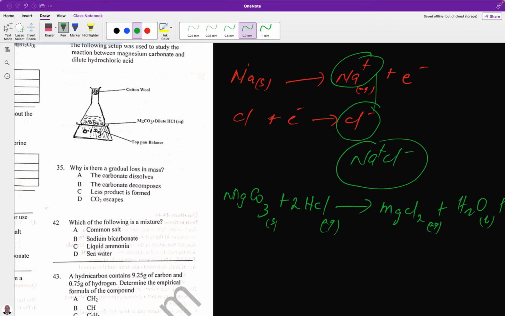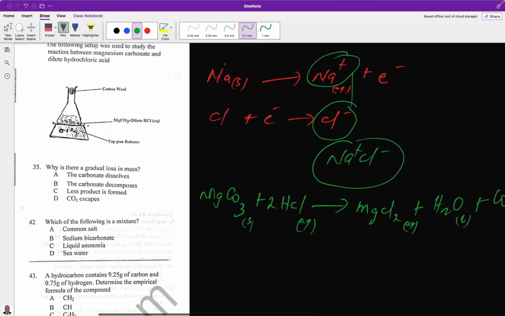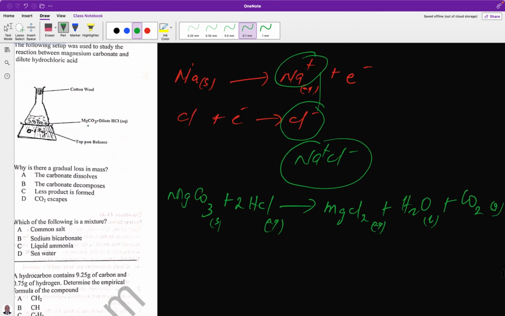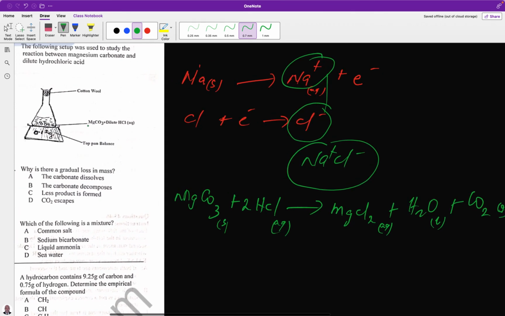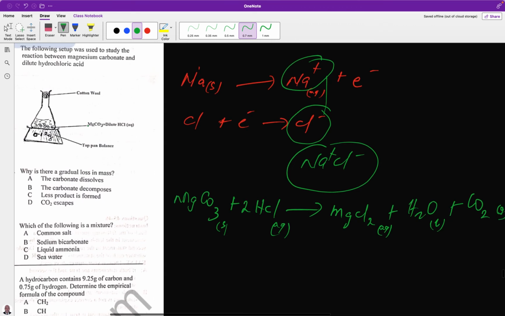As the reaction proceeds, more carbon dioxide is produced. Water and magnesium chloride, the salt, are also produced, but the magnesium chloride and the water will remain. The gas is escaping, see the cotton wool there allows the gas to leave.